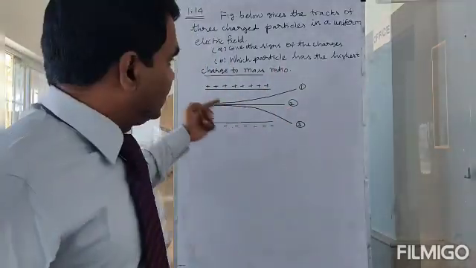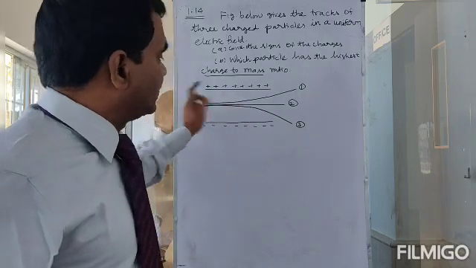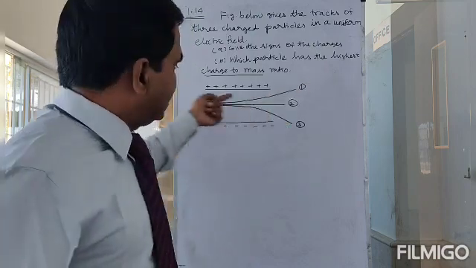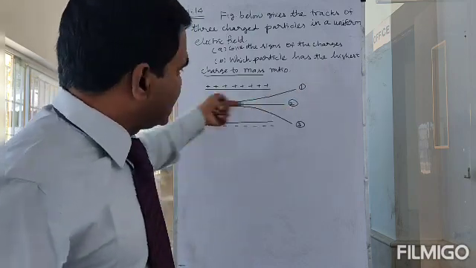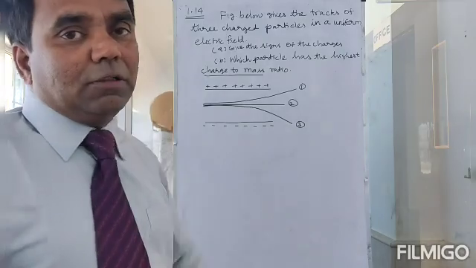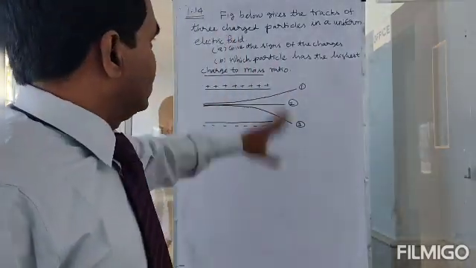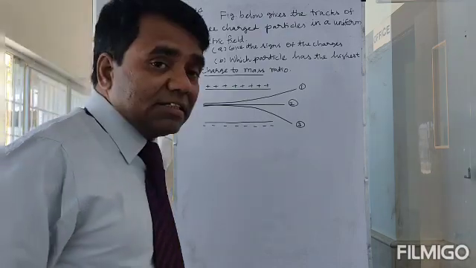Now there are 3 charges, 3 particles, let's say. One is bending upwards, the other one is going straight, and the third one is bending down much more steeply than the first one. Now this is a question, right? Let's see.